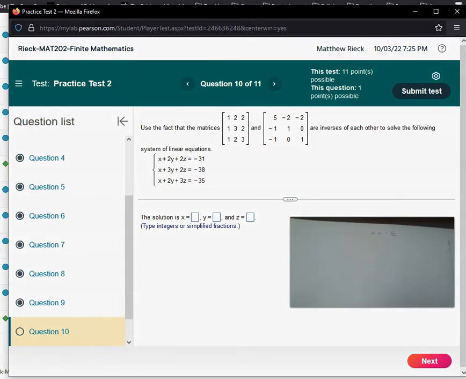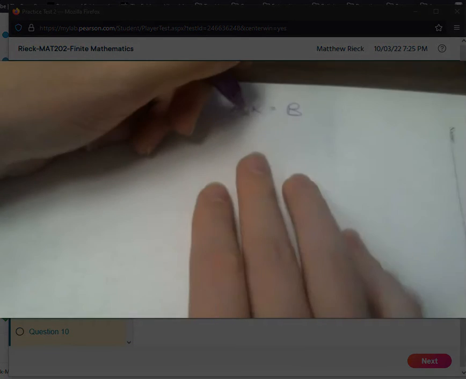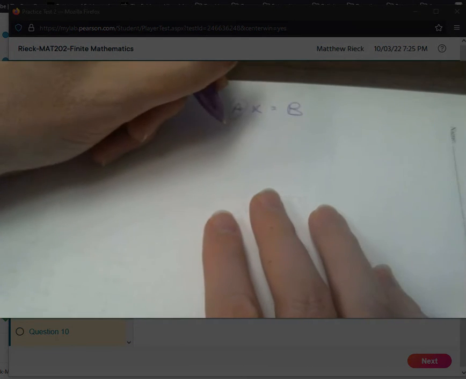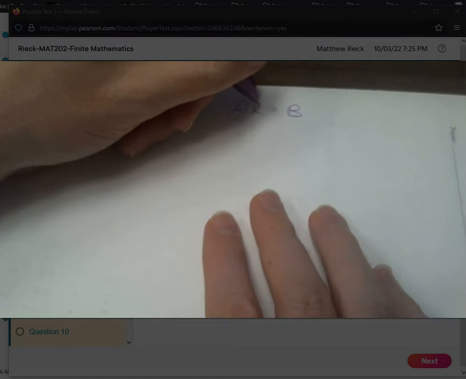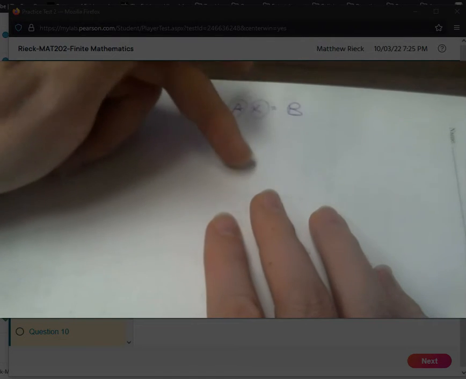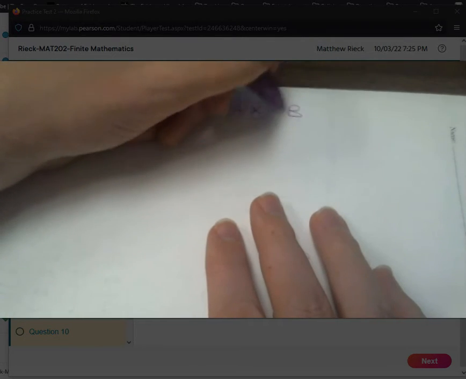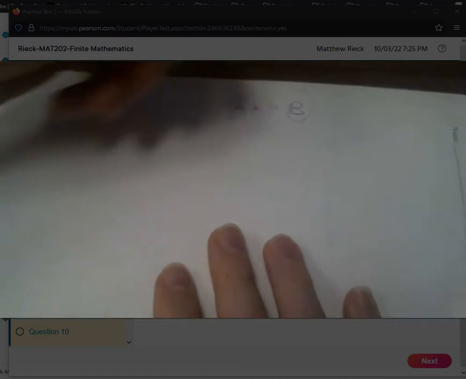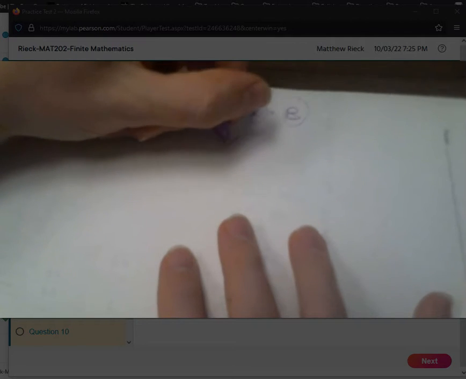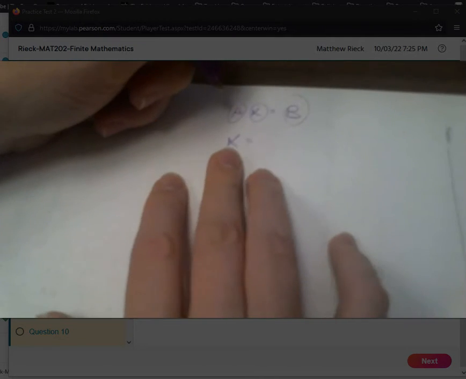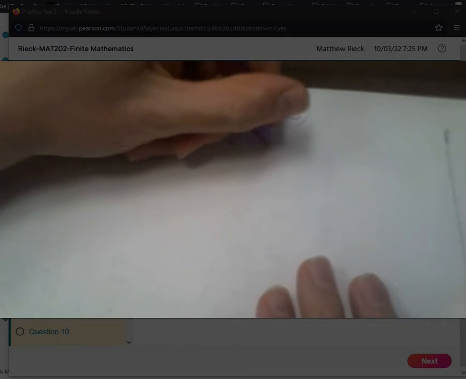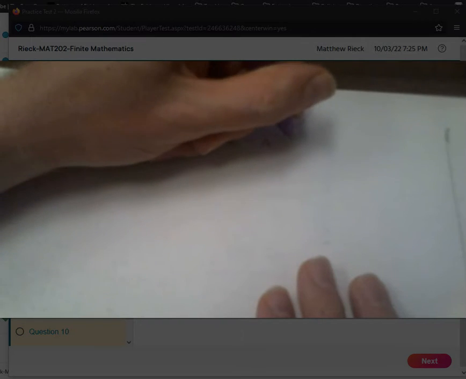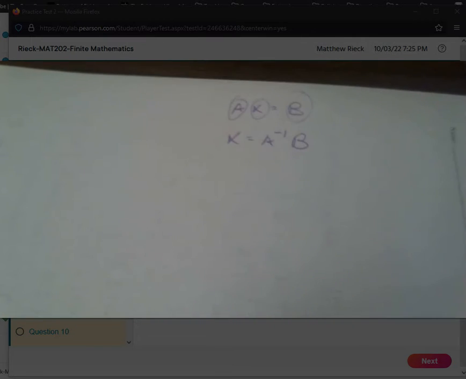So we have AX equals B, where A is the matrix of your coefficients, X is going to be the matrix of your variables, and B is going to be the matrix consisting of the entries on the right-hand side of the equal sign. To solve for X, we can just take the inverse of my coefficient matrix and multiply it by my matrix B.